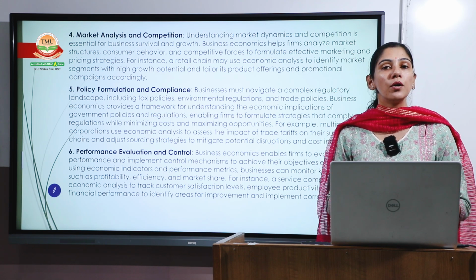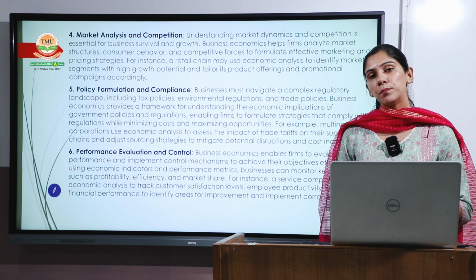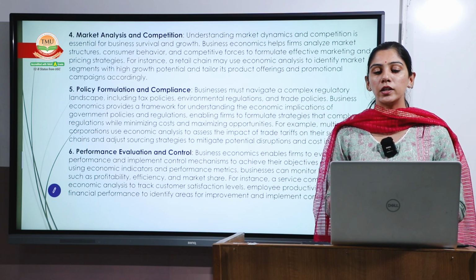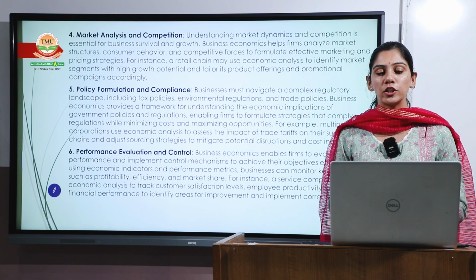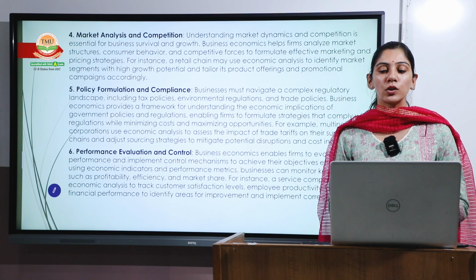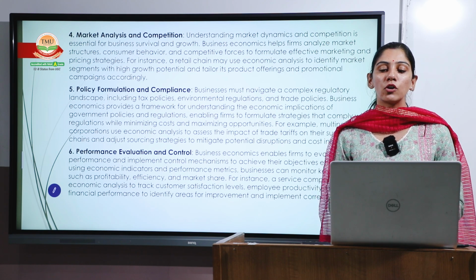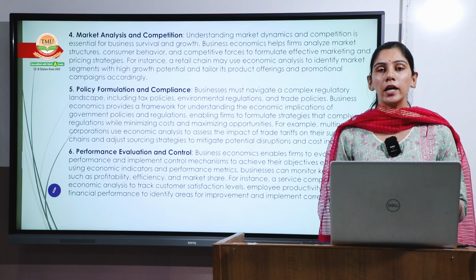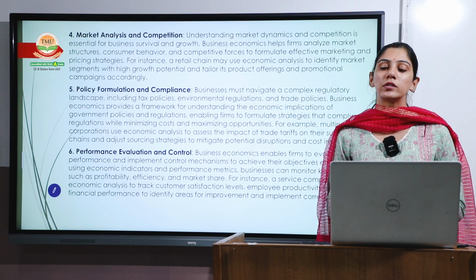Next point is policy formulation and compliances. Every business must navigate a complex regulation landscape, including tax policy, government policies, government regulation, environmental regulation, and trade policies.